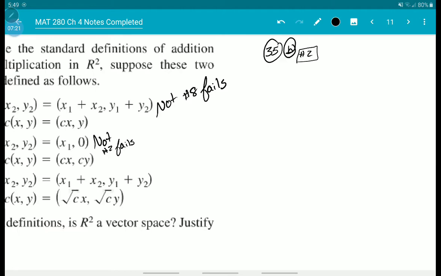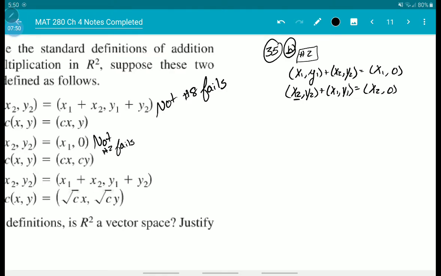So let's look at axiom 2 a little bit closer. If I take x1, y1 plus x2, y2, and I add those together, by that definition of addition, I'm going to get x1, 0. Now, axiom 2 is about the commutative property. So if I were to change that order of addition, now I'm going to get x2, 0.